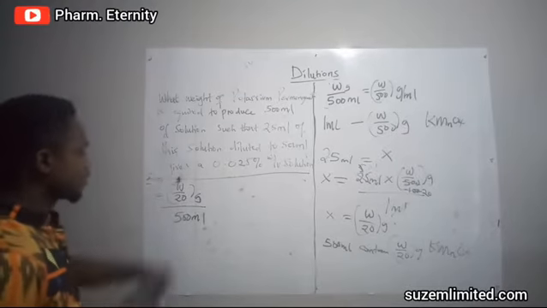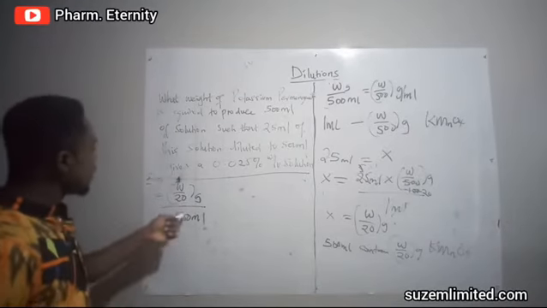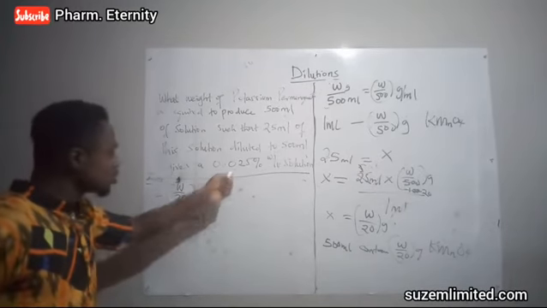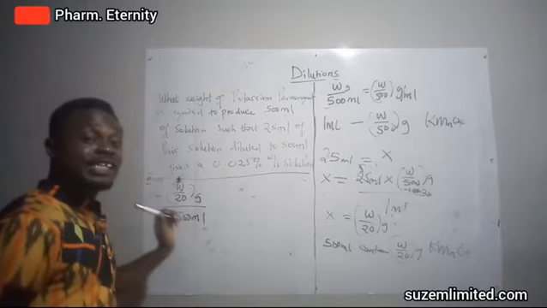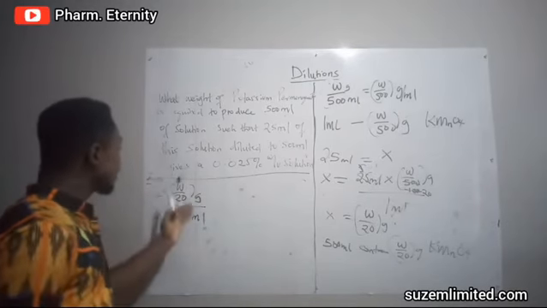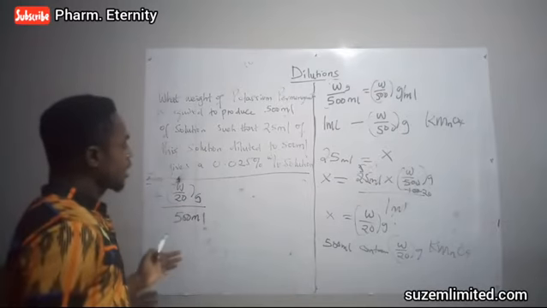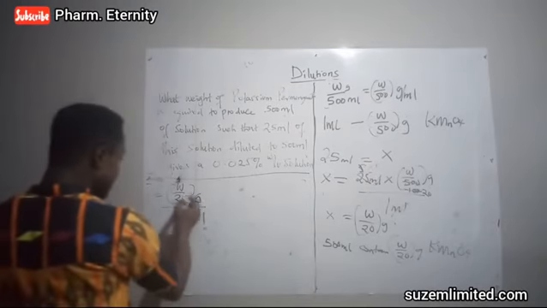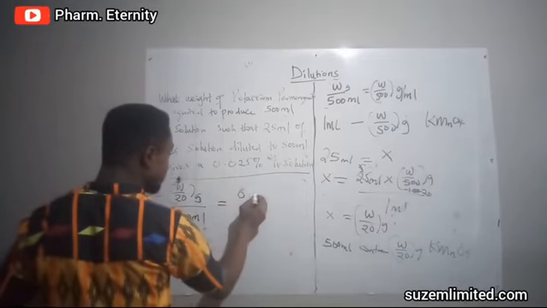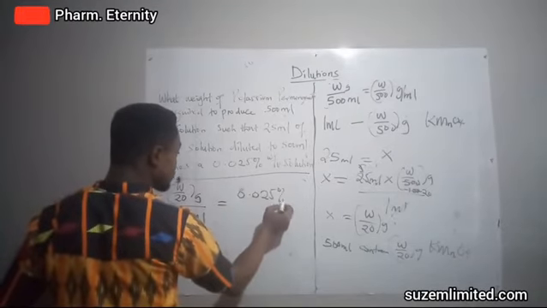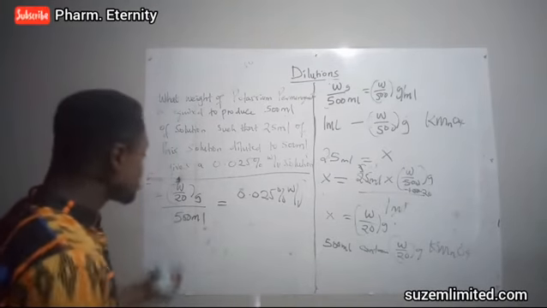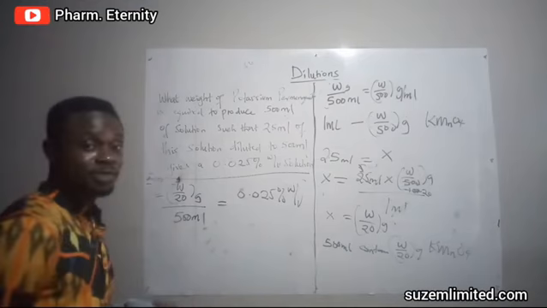This is the amount strength. But this is the percentage strength of the same solution. They are the same thing, just expressed in different forms. So we can equate this to 0.025%, because it's the same solution, they have the same strength, just expressed in different forms.